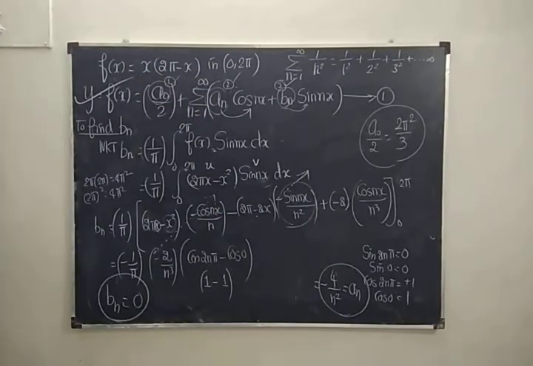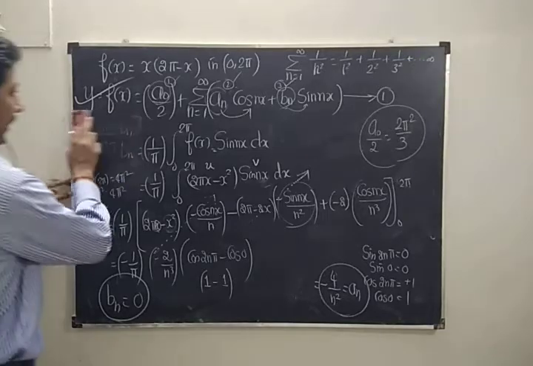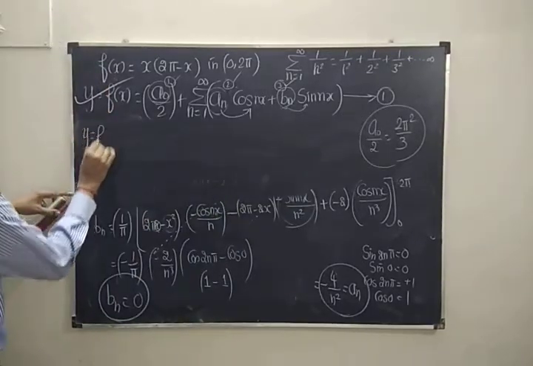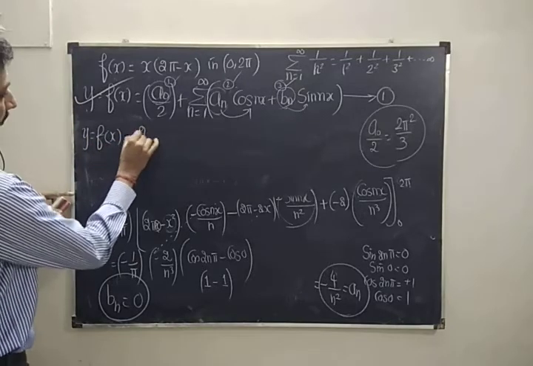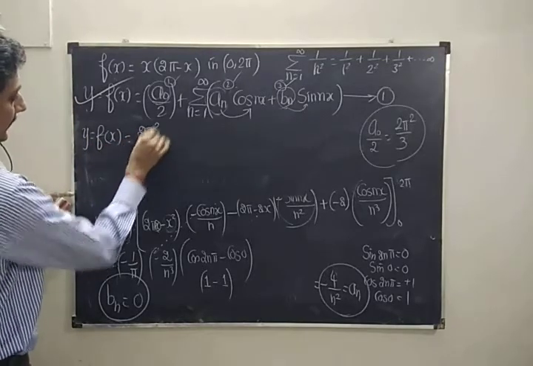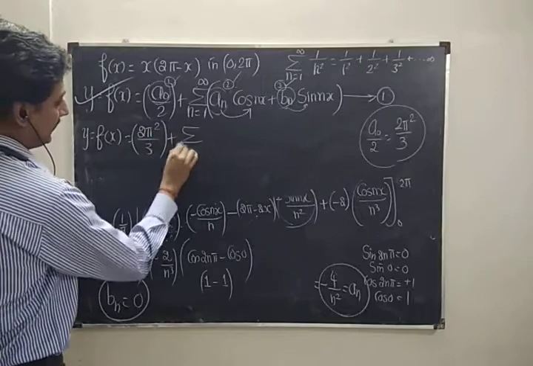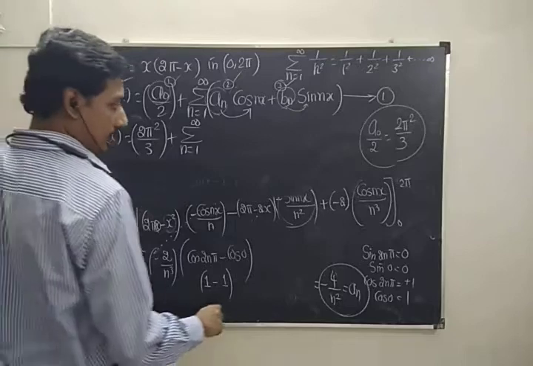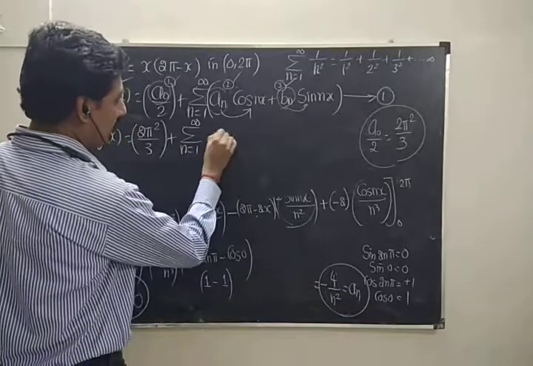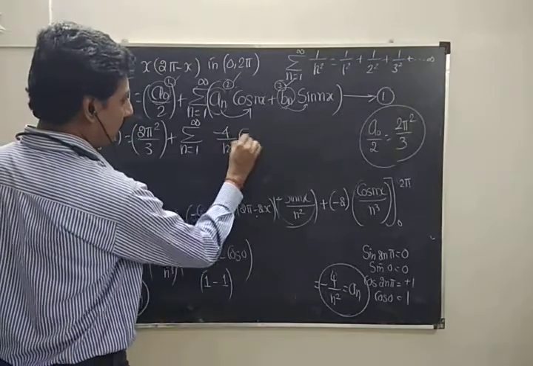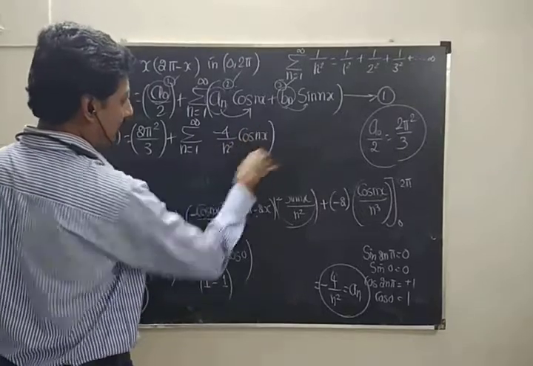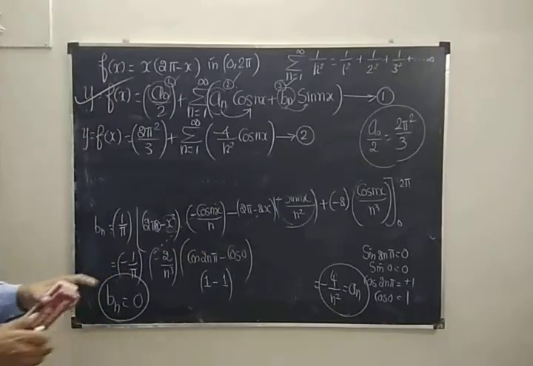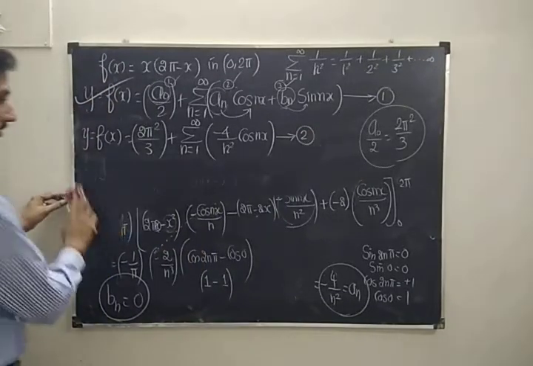So I am getting the Fourier series y equal to f of x, A0 by 2, 2 pi squared by 3, plus sigma n equal to 1 to infinity. What about An? An is minus 4 by n square into cos nx. What about Bn? Bn is 0. So this is my required Fourier series expansion.